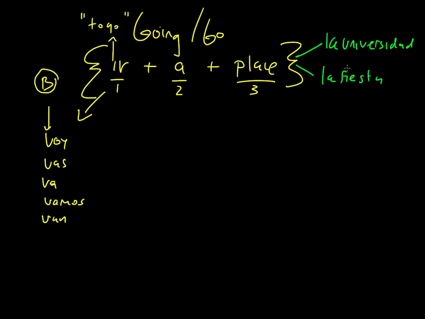Maybe you go to the party. Another popular place would be el gimnasio, the gym. Maybe you're a gym rat and you like to get buff. And one more popular place, how about el baño, the bathroom, right? That may be the most popular place out of the four.